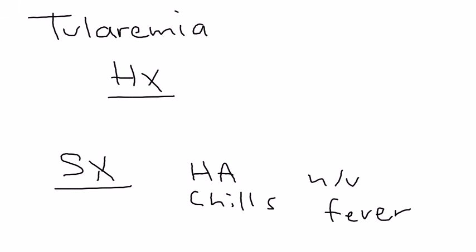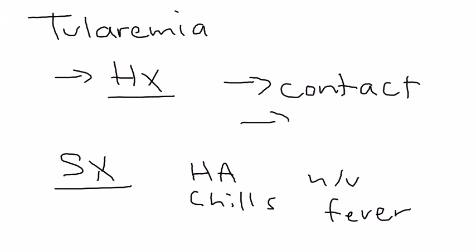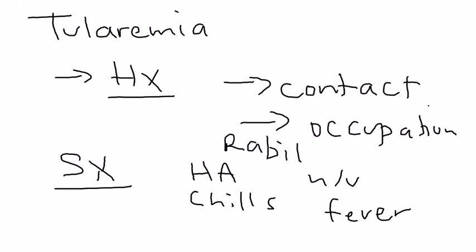So the most important part of diagnosing tularemia initially is the history. Talk to the person. Did you have any contact, any exposure? What do you do for a living? What's your occupation? Very difficult, I think, personally, because nobody really thinks about rabbits and deer when you're talking to somebody, unless you live in an environment that's very endemic to this.